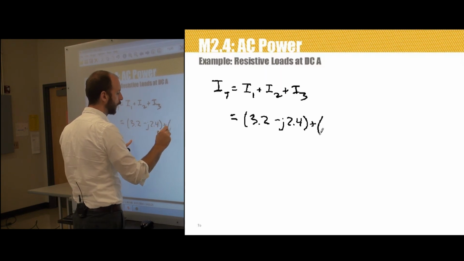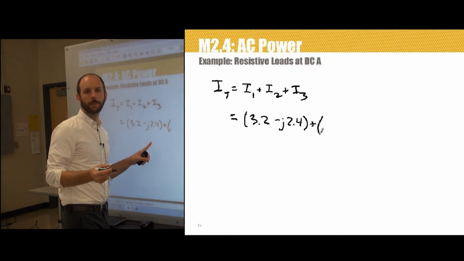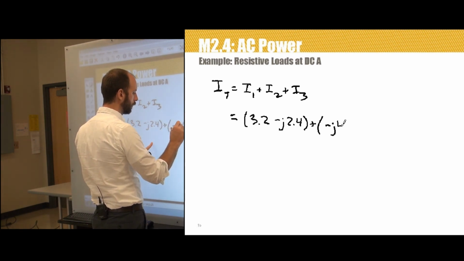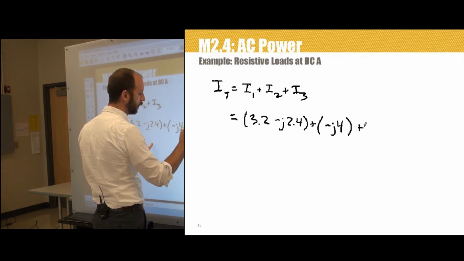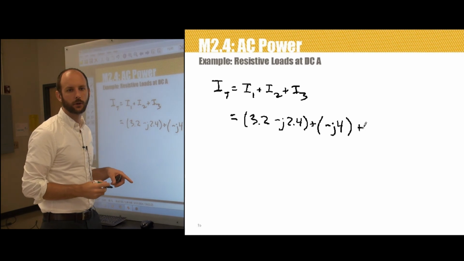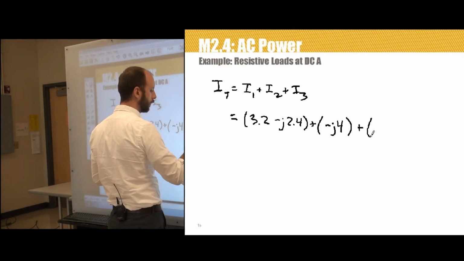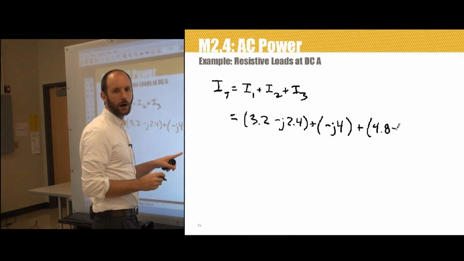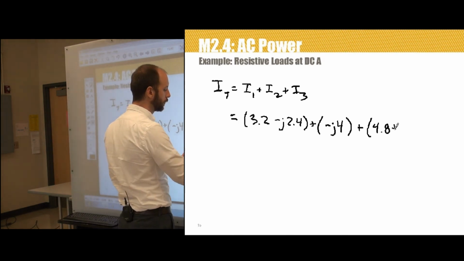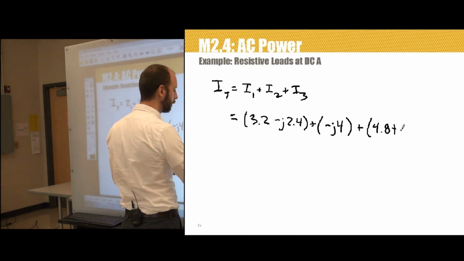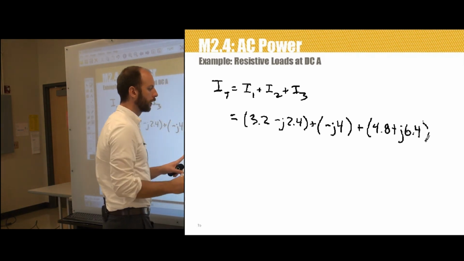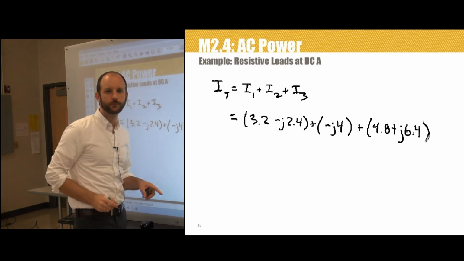I'm going to add to that I2, which is minus J4. And then the third branch current was 4.8 plus J6.4. You can verify those on your own.